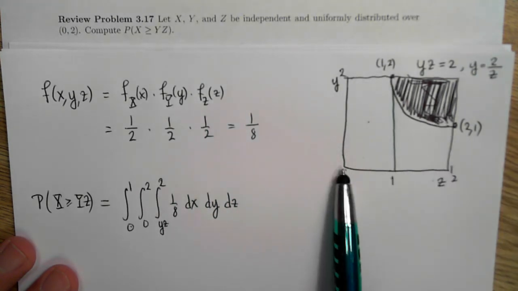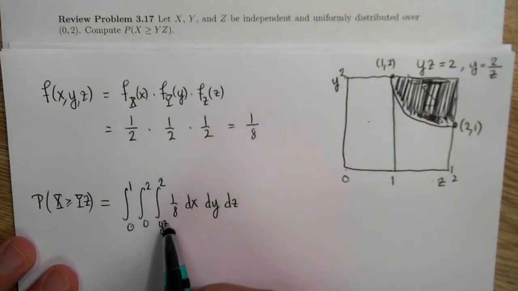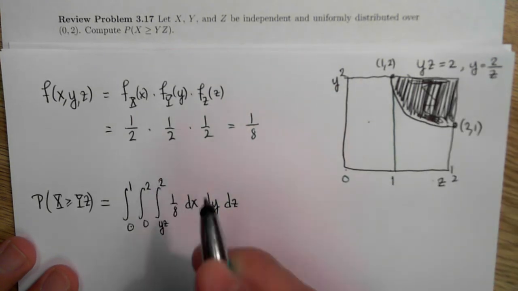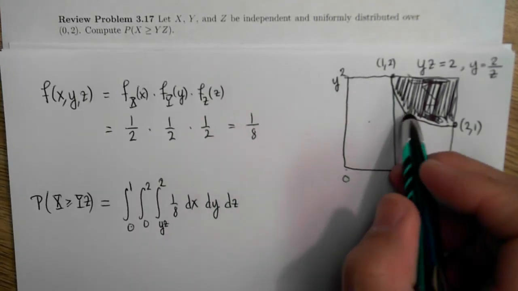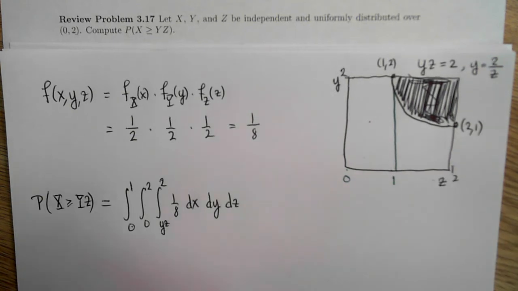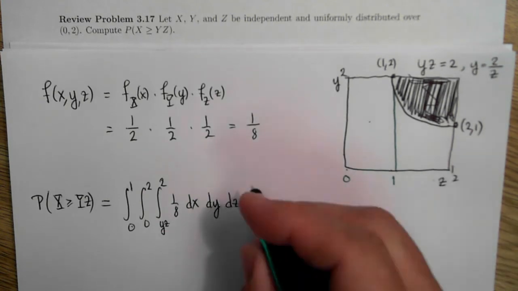Okay, so that's going to be the triple integral, where the base is this part over here. And then if I imagine the x-axis coming out of the board, x would integrate from y times z to 2. So that's a complicated region in 3 space, so it's a little easier just to think of the base of the region. Next, I have the region here from 1 to 2.